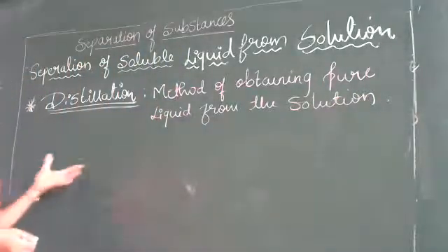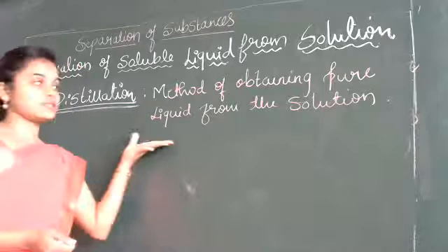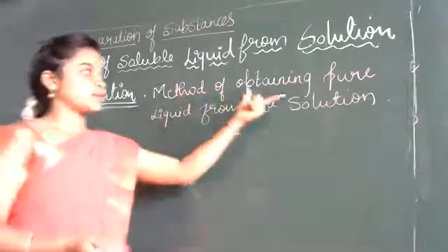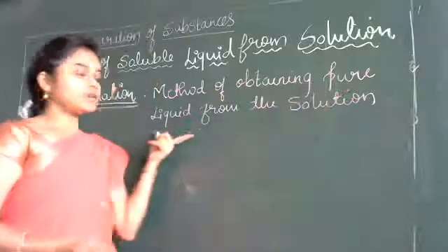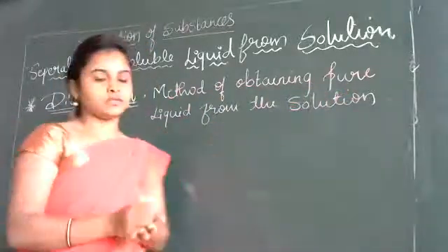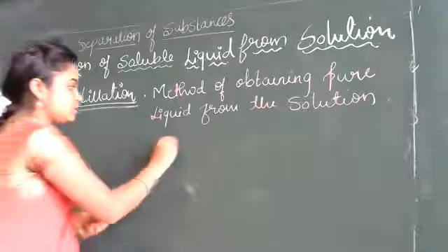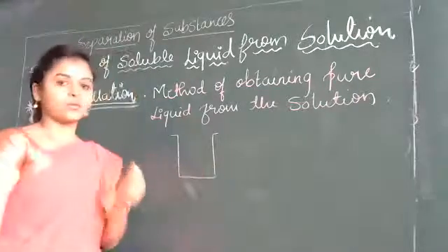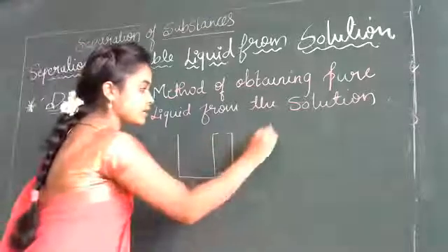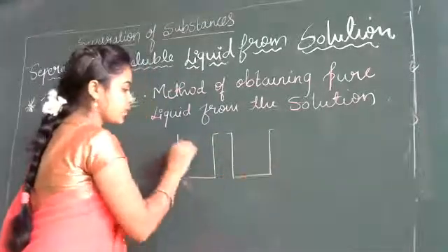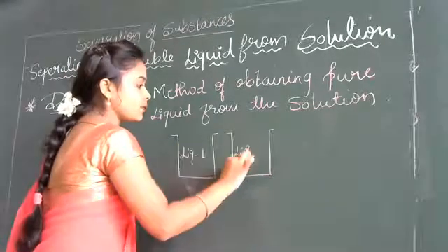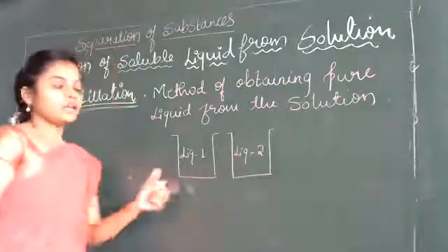So what is meant by distillation? Distillation is a process, the method of obtaining pure liquid from the solution. Imagine you have a mixture, or you can say a solution. Okay, here we have two liquids. This is liquid 1 and this is liquid 2.